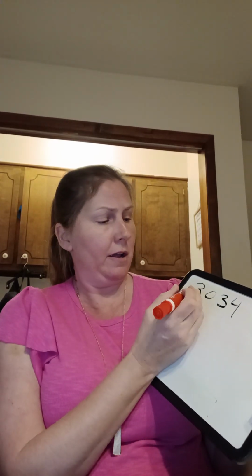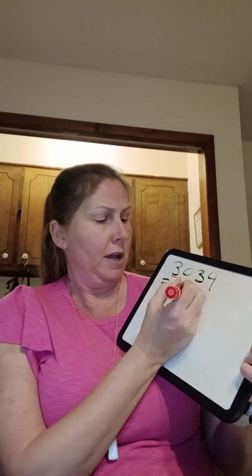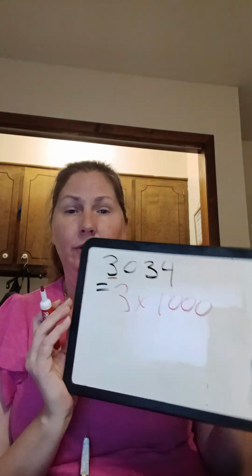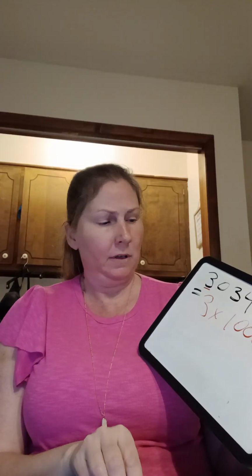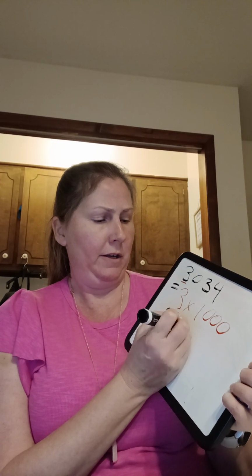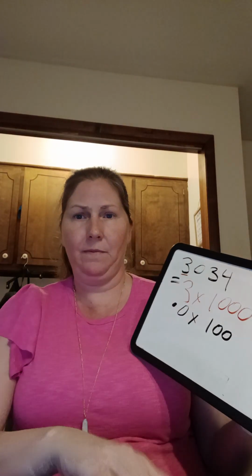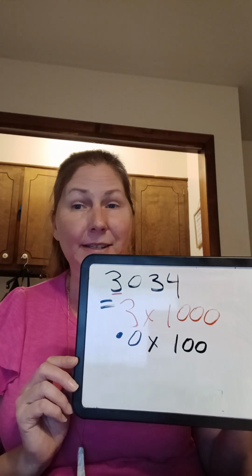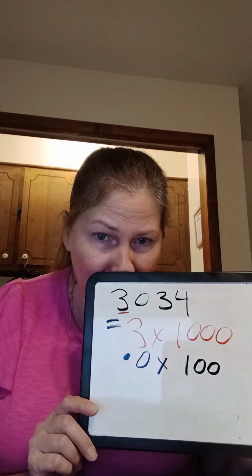And I'm going to say, for this, underline my 3. 3 times 1,000 equals the 3,000. All right. I'm going to go down here and do black again because we have 0 times 100 because we have nothing in our 100 spot. Nothing. All right. It's called the expanded view. An expanded form.